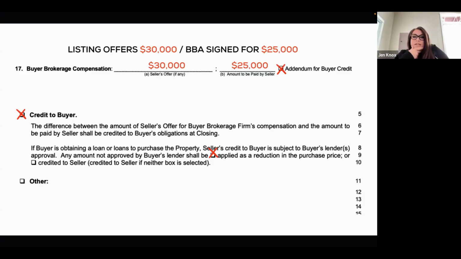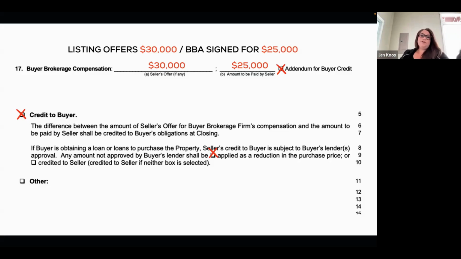So we're going to have to put in that addendum. And how do we know how much? Well, we know how much because it says 30 for one and 25 for the other. So that being disclosed, they're offering 30, we're asking for 25, and we want the remaining part to be for the buyer, closes up that math.